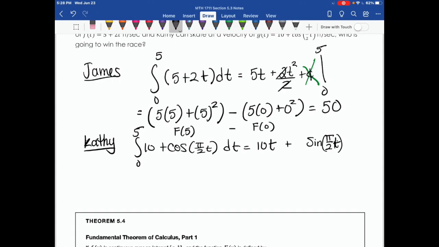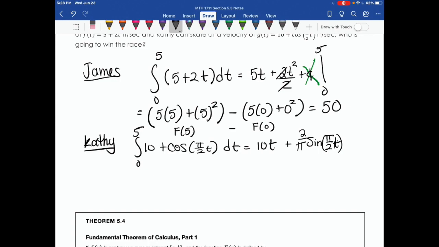But keep in mind, if we were taking the derivative, we have to multiply by the derivative of the inner function. So working backwards, I have to divide by the derivative of the inner function. So I'm going to have 2 over pi here in front, because if I divide by pi over 2 and I do a flip and multiply, really I'm multiplying by 2 over pi.